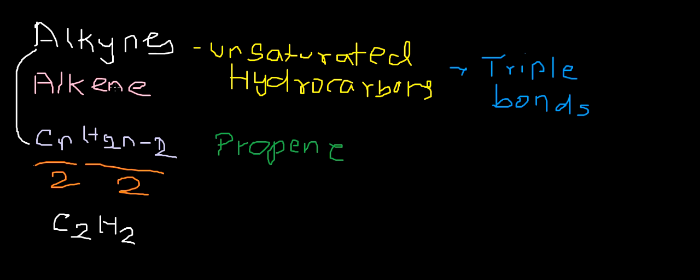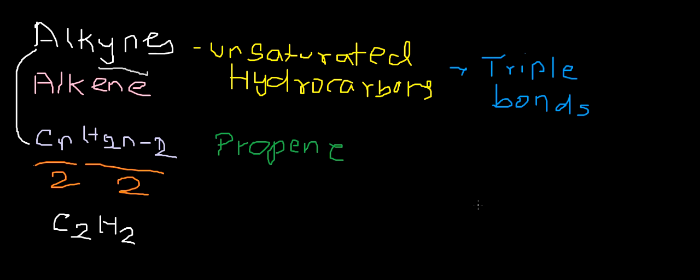But in alkynes, as we are focusing on alkynes, the suffix is yne. Just as we have e and e in alkenes, we have y and e in alkynes. These letters stand as the suffix for alkynes.